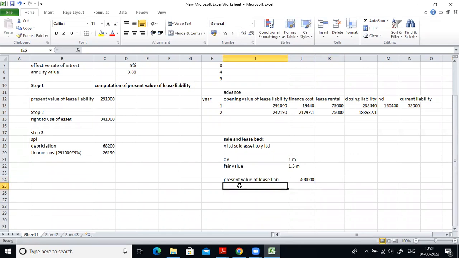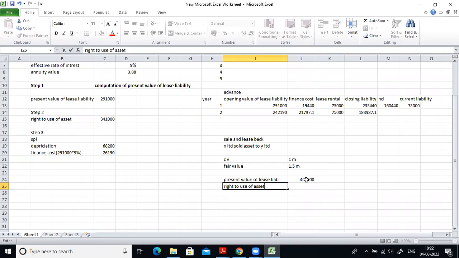If you don't have any down payment, we assume this present value as our right to use of asset. At what price do we need to recognize the right to use of asset? That is the question. If your present value of the lease liability of 4 lakhs is computed on the basis of 1.5 million, it means the lessor will fix the lease rental on the basis of the price at which he purchased. So he purchased for 1.5, so definitely the present value will also be computed on this 1.5 basis only.